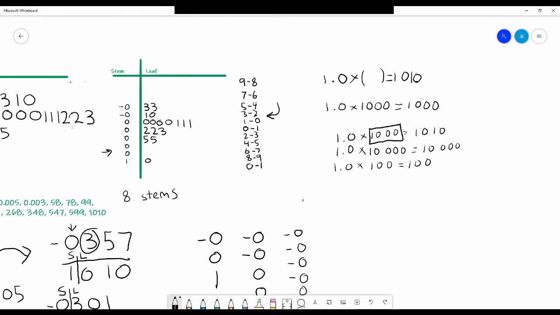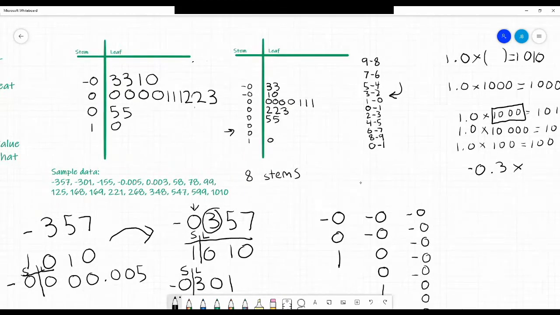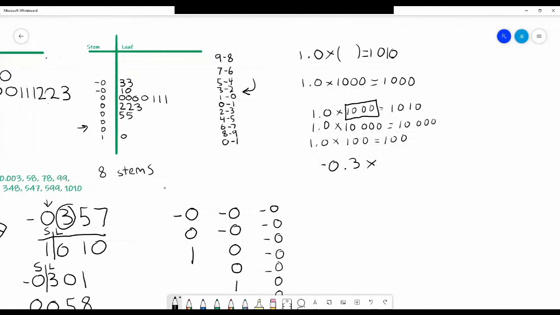If we look at our minimum value, it was on our stem and leaf plot as negative 0.3 if we imagine the line dividing the stem and leaf as a decimal point. What do we multiply 0.3 by to get its original value? Its original value is negative 357. So if we multiply 0.3 times 1,000, we will get 300.